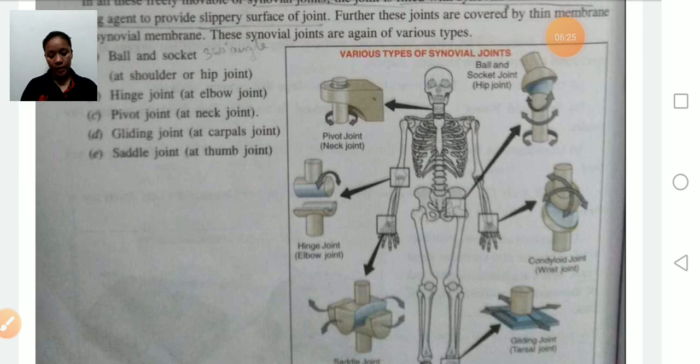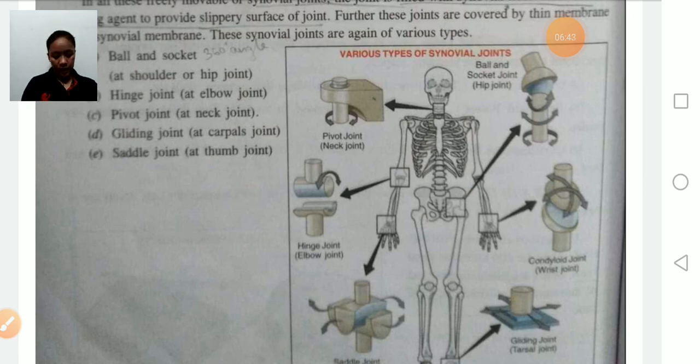Hinge joint is present at the elbow, and it provides you 90 degree movement, allowing forward and backward movement. Pivot joint is present at the neck, and it provides a rotation movement.